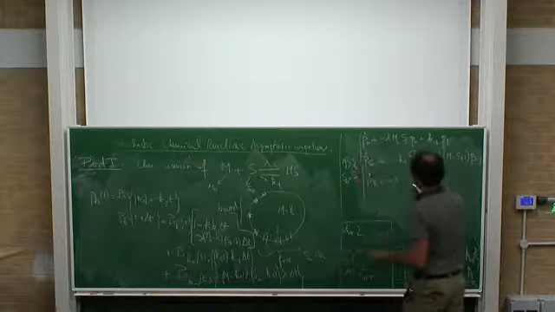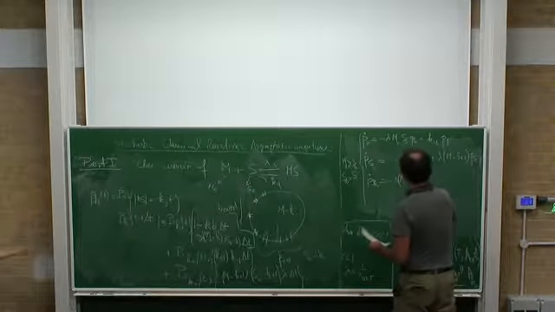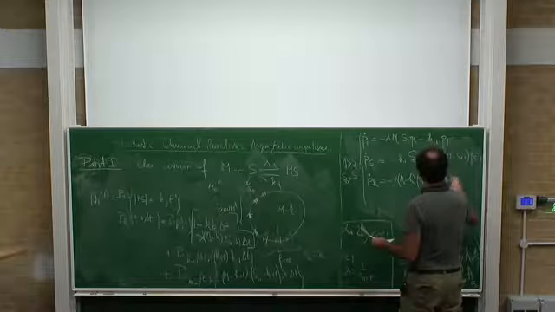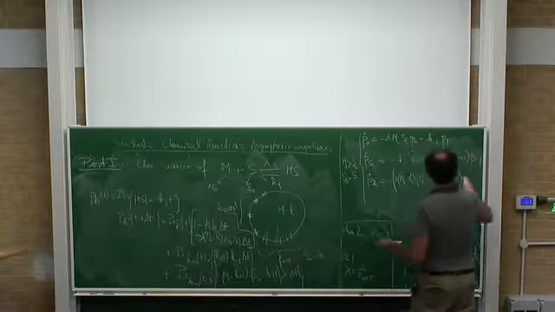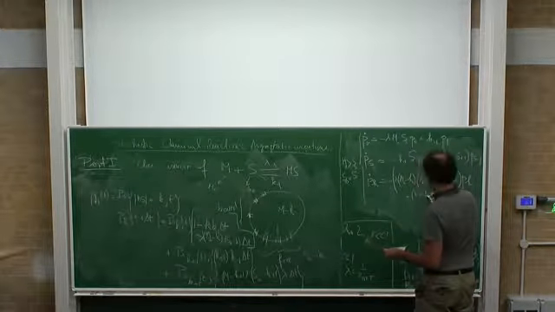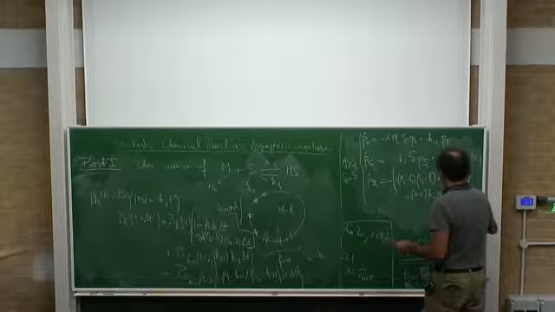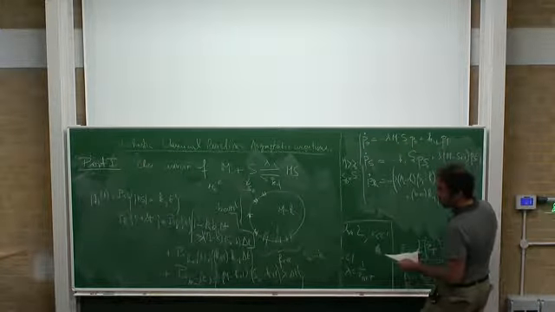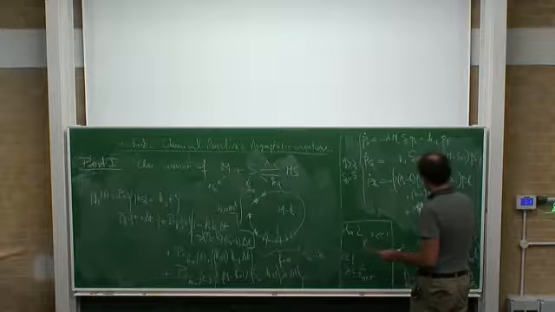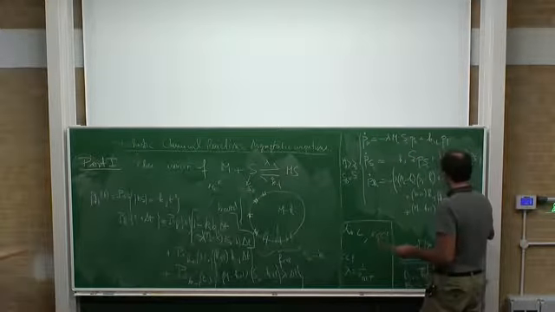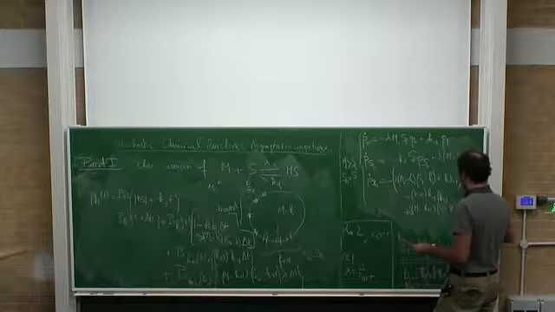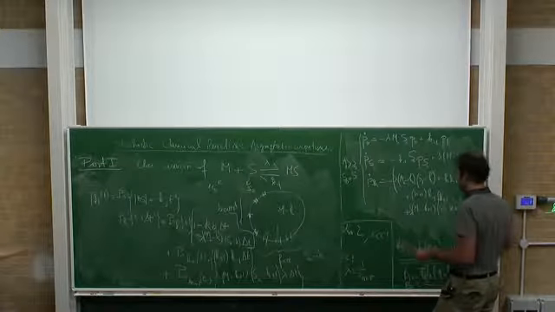So this is minus lambda m0 minus k, s0 minus k, plus k minus 1, pk, plus k plus 1, k minus 1, pk plus 1, plus m minus k plus 1, s minus k plus 1, lambda pk, pk plus 1, pk minus 1.